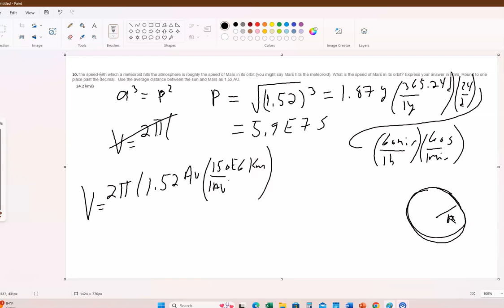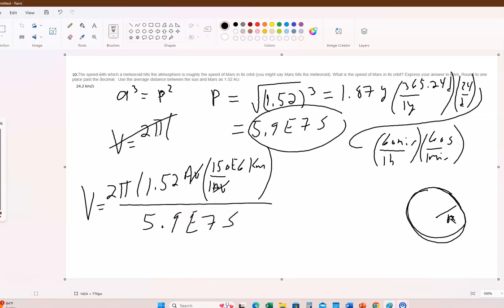So the AUs cancel, and then I divide by the period, which I stored in my calculator, roughly 5.9 times 10 to the seventh seconds, using the unrounded version. Okay, so that's that, and then that'll solve it.